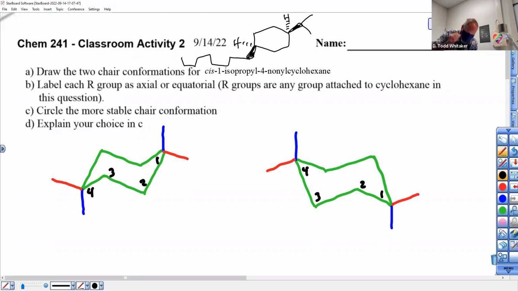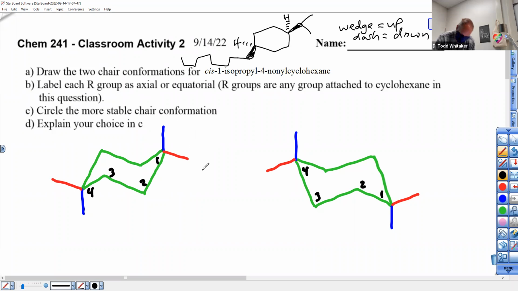So we're going to convert that to chairs. Remember, wedge equals up, dash equals down. So the wedge isopropyl is which of these 2 bonds on carbon 1? Blue or red? Up. Which is up, blue or red?